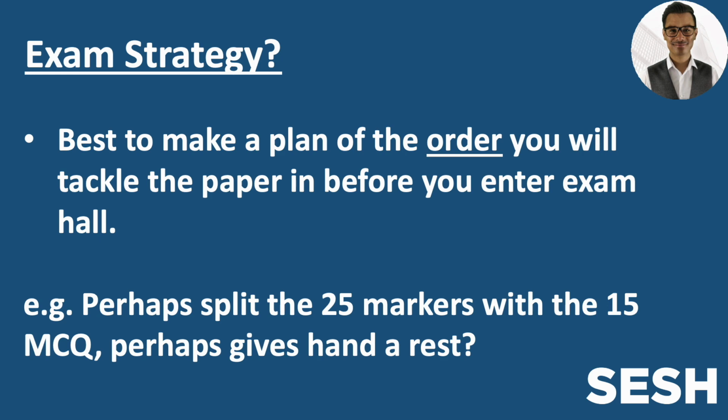One is if you do firstly a 25 marker, then the 15 multiple choice questions, and then another 25 marker, well, it gives your hand a rest between those two 25 markers, but also it ensures you get those 25 markers in before you're at the business end of the paper, excuse the pun, and maybe leave those 9 markers to the end. But it's for you to think about, and I think exam strategy is definitely important, and it could give you those marginal gains that will help you. So just think about that and give it that weight to section D essays.